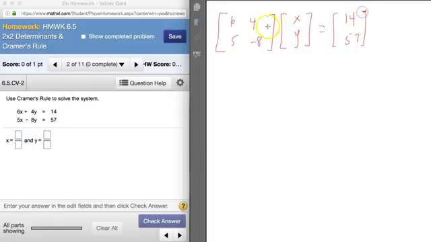And of course, if we were to multiply these two matrices here and then set them equal, then what we would end up with is this again. So what we're going to call this matrix here is our coefficient matrix, but when we use Cramer's rule, we want to be able to use determinants to do it.